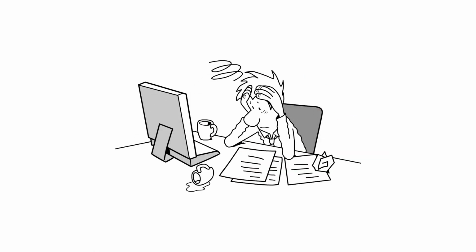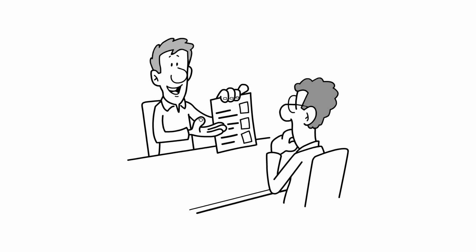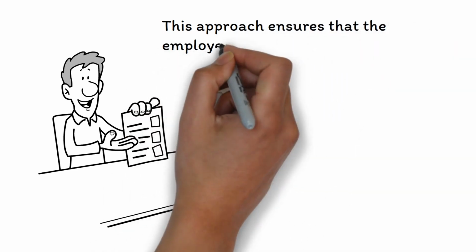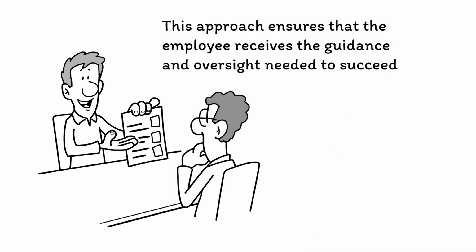According to the situational approach, the most effective leadership style would be to clearly define the steps necessary to complete the tasks and monitor the employee's performance closely. This approach ensures that the employee receives the guidance and oversight needed to succeed, demonstrating the practical applicability of situational leadership in addressing specific challenges.